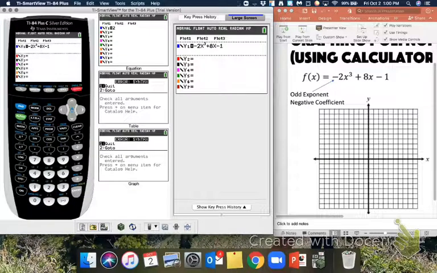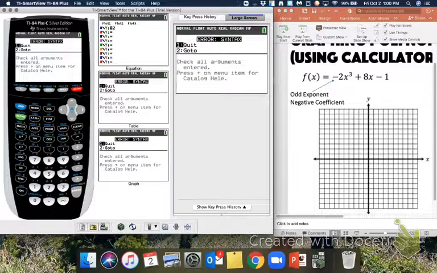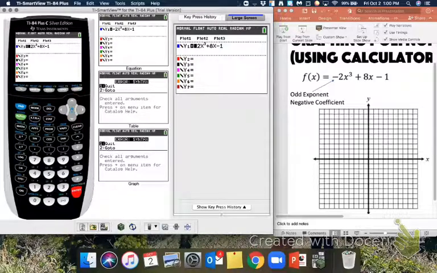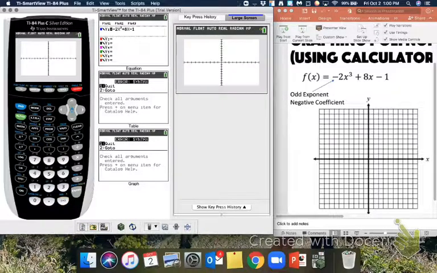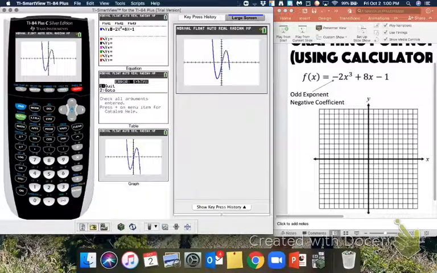Okay, and then I'm going to just graph it. Whoops. What was my error? I put a subtraction sign instead of a negative sign. Make sure you put a negative sign. This is our negative. So if we graph this, it looks like that. Kind of pretty.